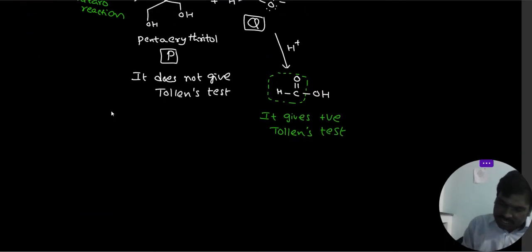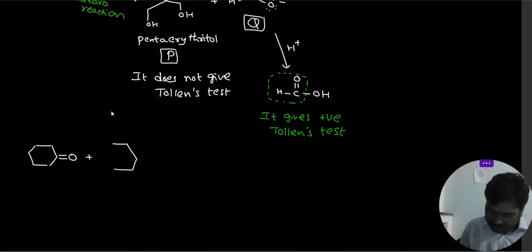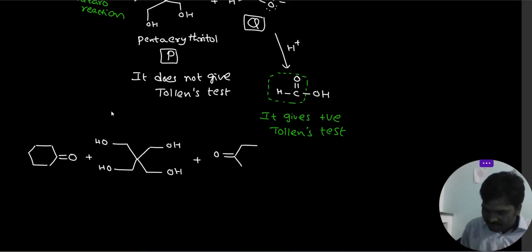Now, here we can write cyclohexanone. This is the cyclohexanone, excess cyclohexanone. Now, that pentaerythritol, can we write it like this? Yes, this is pentaerythritol and cyclohexanone.